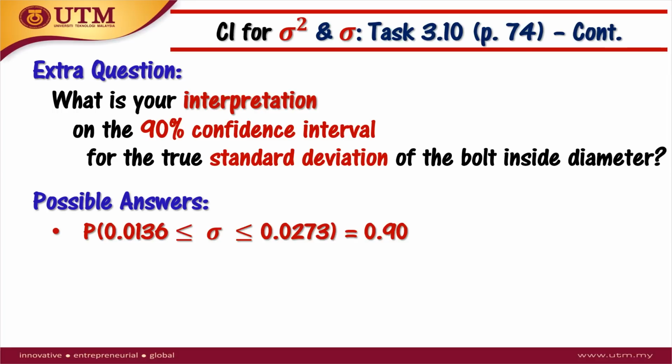Remember, sigma value is fixed, although we do not know its true value. It is wrong to say that the probability that sigma lies within 0.0136 and 0.0273 is 0.9.